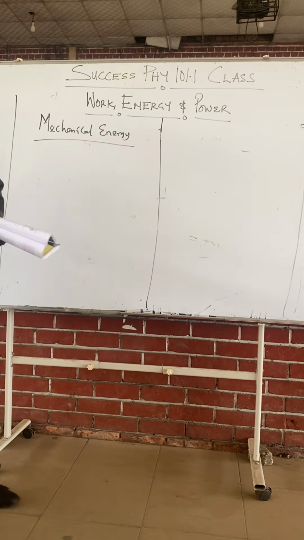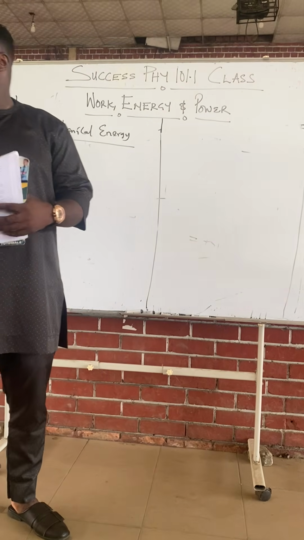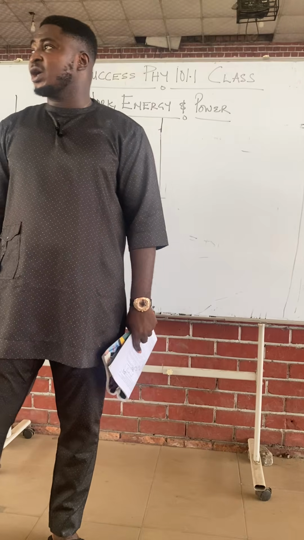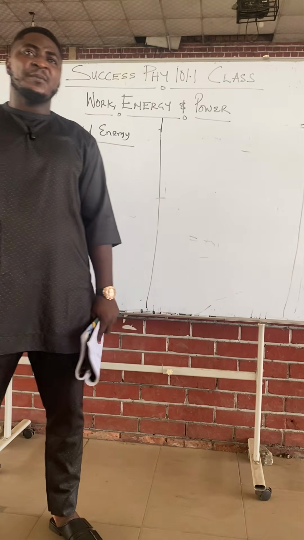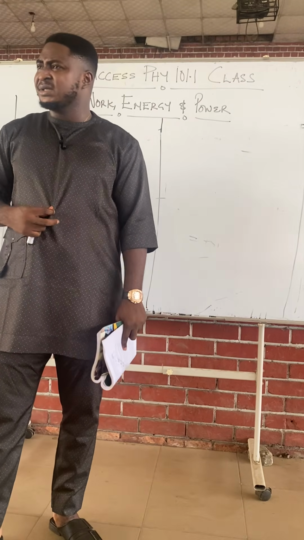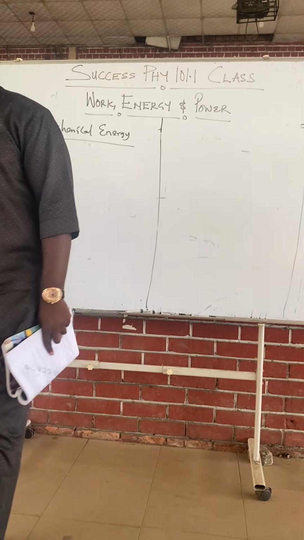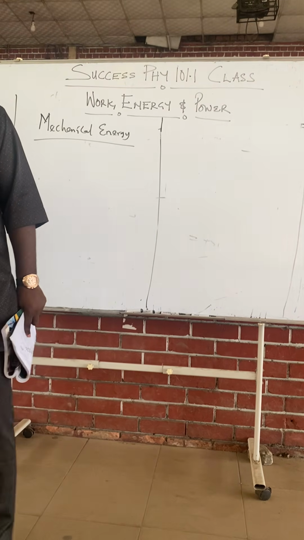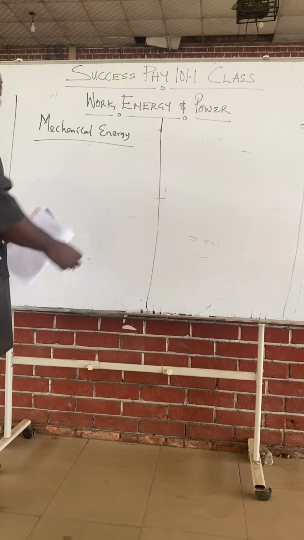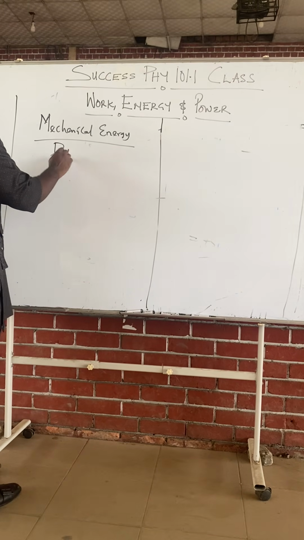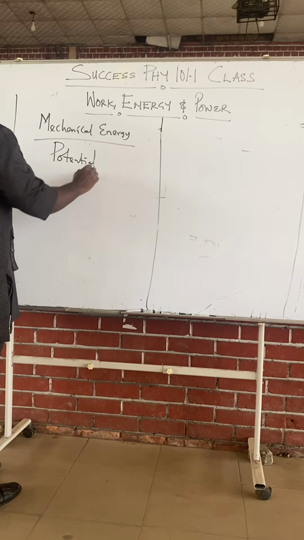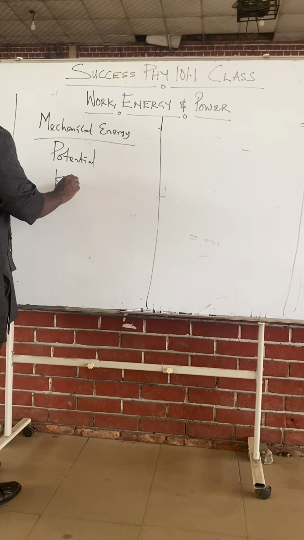Class, mechanical energy is the energy of a body due to its position or its state of motion. Mechanical energy is the energy of a body due to its position, put potential, or state of motion, put kinetic.